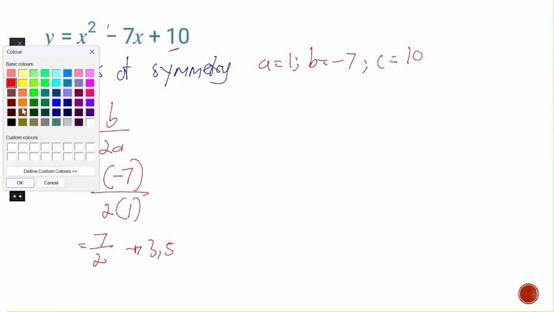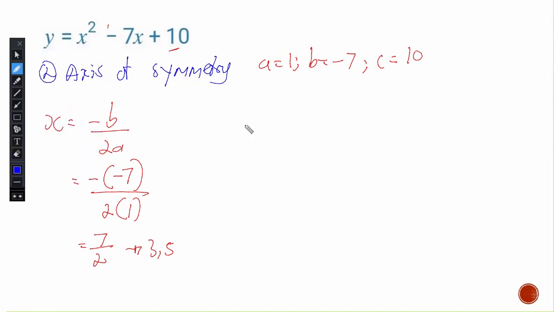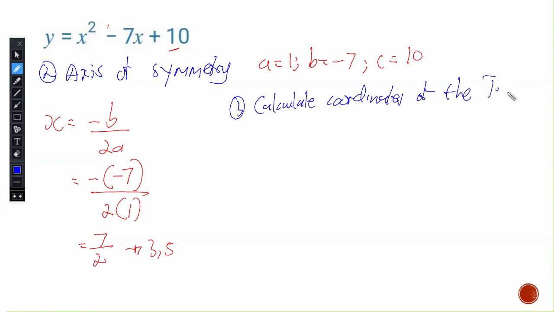We have mentioned that the axis of symmetry goes hand in hand with the coordinates of the turning point. So calculate the coordinates of the turning point. To calculate the y coordinate of the turning point, we already know that the axis of symmetry represents the x coordinate of the turning point.